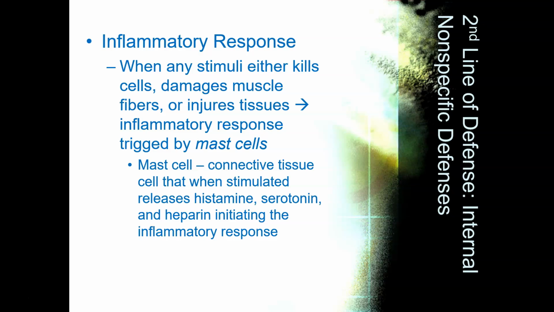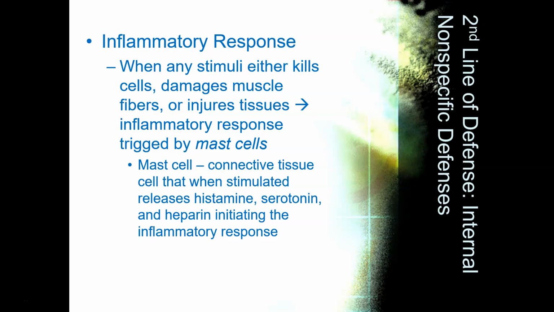So when we look at your inflammatory response, any stimuli that's killing cells, damaging muscle fibers, or damaging tissues is going to trigger these things called mast cells. And these mast cells are connective tissue cells. Their job in eliciting a lot of those symptoms comes from the fact that they release a certain set of compounds.